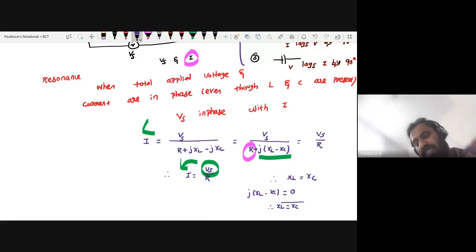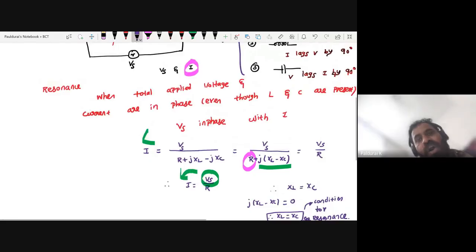That is the condition for resonance. It's very, very important, the condition for series resonance, right? So what is resonance? Don't write XL equal to XC. This is the condition for resonance.